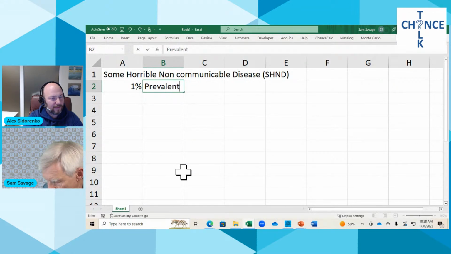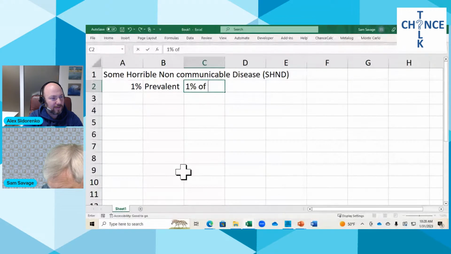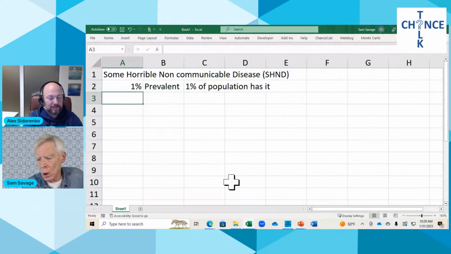That means 1% of the population has it. That's what prevalent means.